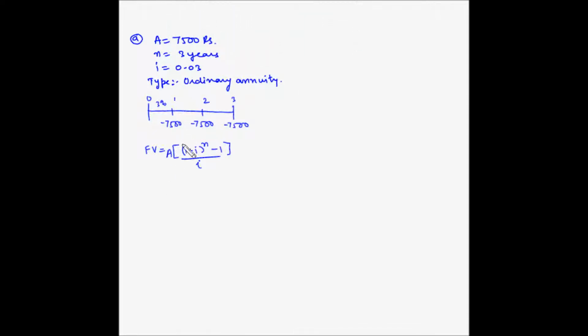So let's plug in these values in this formula. So A is 7500. 1 plus I means 1 plus 0.03 to the power n, and n is 3, minus 1 divided by I, which is 0.03.